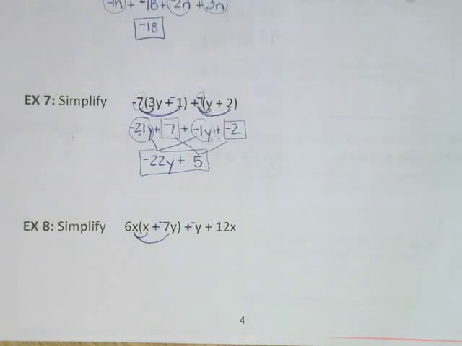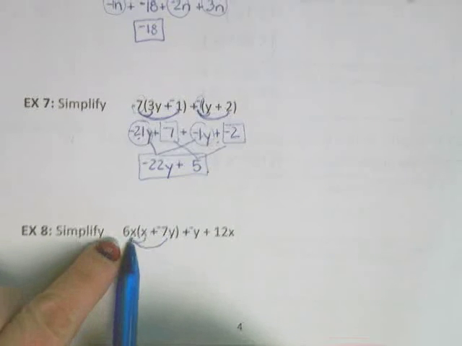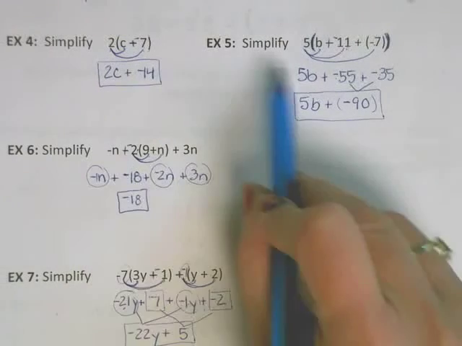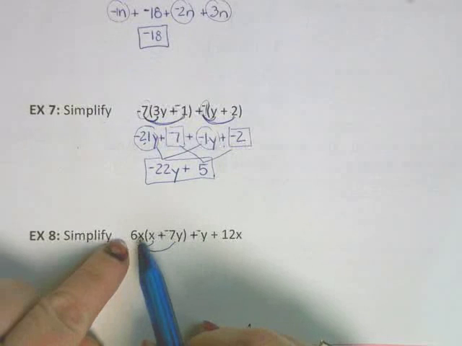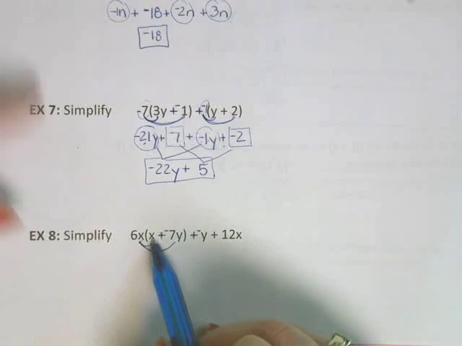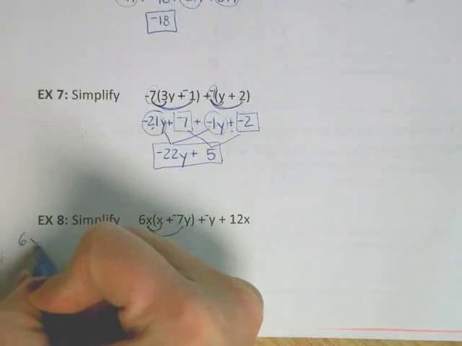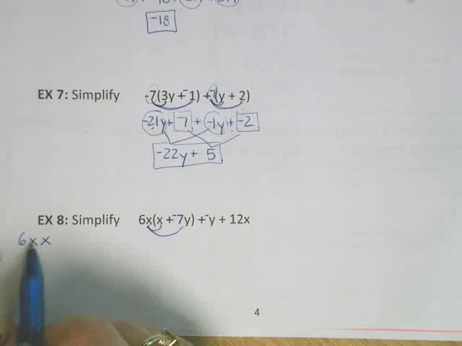And this one is just a bit trickier because there's an x on the outside. And if you look, we haven't had a variable on the outside of any of our distributive property practice yet. So in this case, there's a variable on the outside. This is 6x times x. So if I wrote that out, I'm going to do it over here. 6x times x would look like this, 6xx. But we know another way to write x times x.